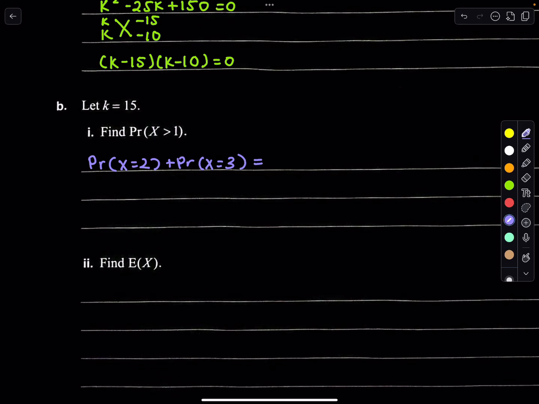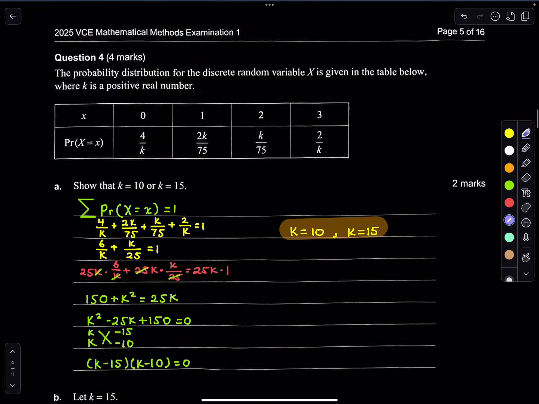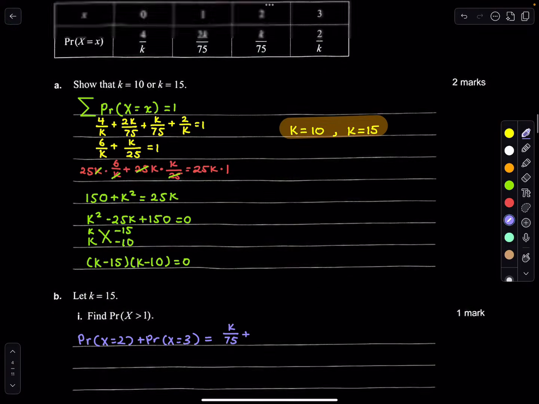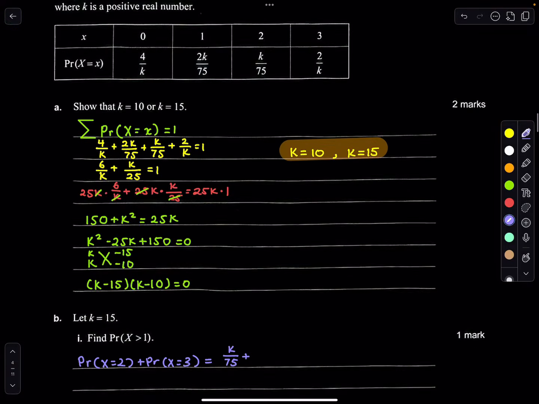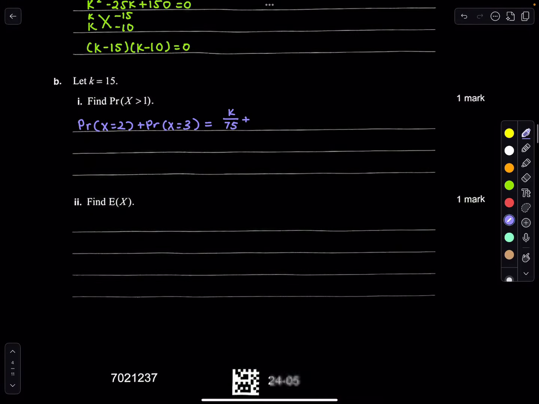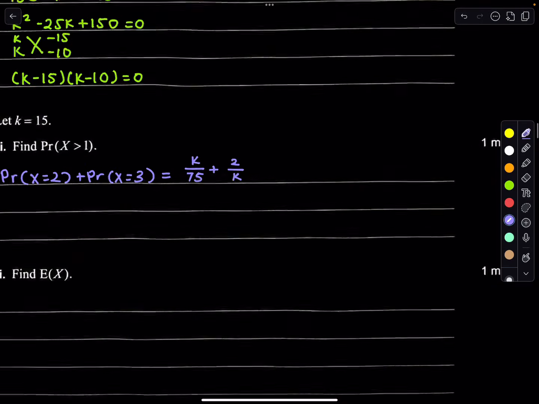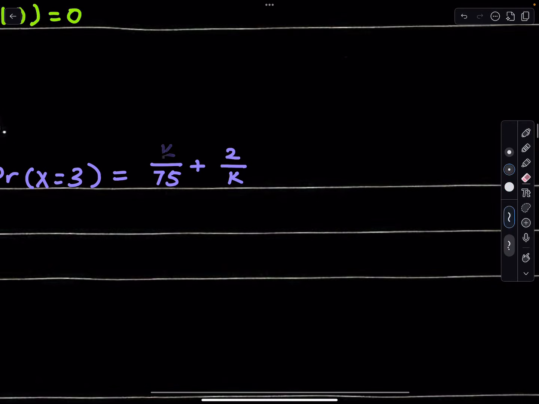And so what is the probability of x equals 2, legends? It is k over 75. So let's write that down there. k over 75 plus, the probability of x equals 3 is 2 over k. So we'll add 2 over k there. Beautiful. And remember that they told us k was 15. So let's sub in 15 to those values. So this will be 15, and here, this will be 15. Let's see if we can simplify.